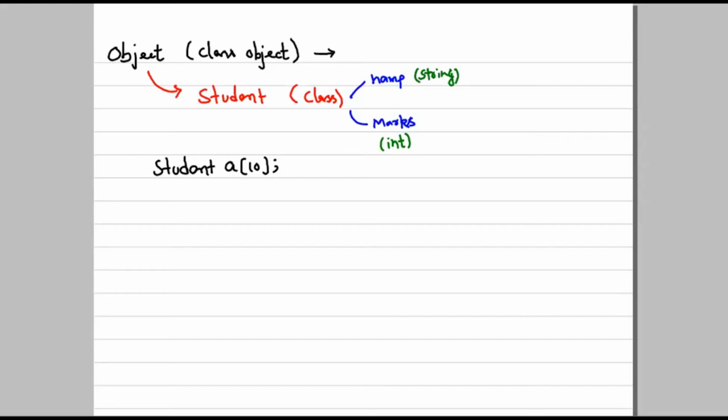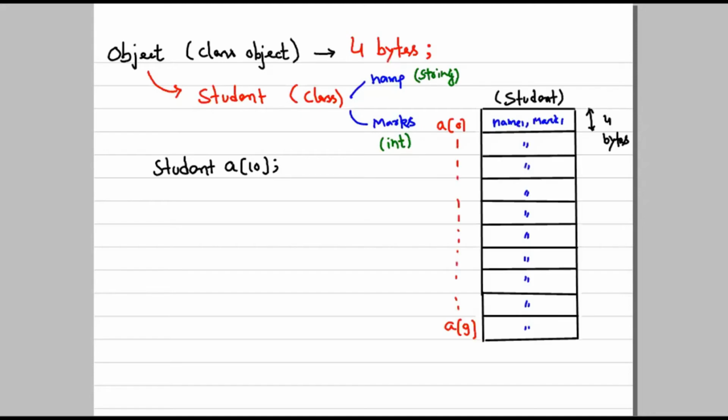So how will the objects be stored in the memory? As it is an array, contiguous memory will be allocated for the objects as well, right? It is not that for integers it would behave differently and for objects it would behave differently. Let me draw a diagram to illustrate how the objects will be stored in the memory.